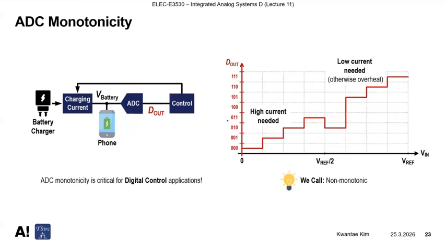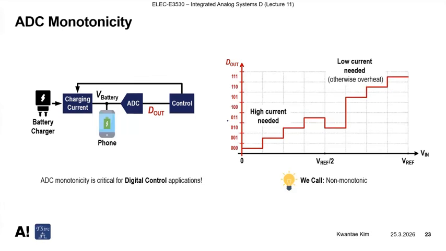Let's say D out represents the output digital codes of the ADC. Based on this D out, we control the charging current amount. If our battery voltage is low, of course we want to charge our cell phone as soon as possible, so high current is needed.